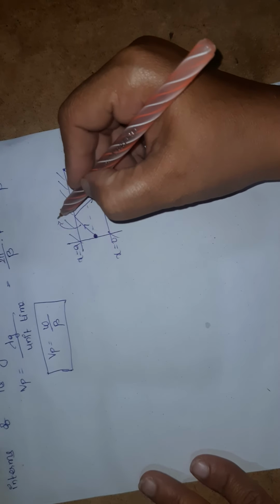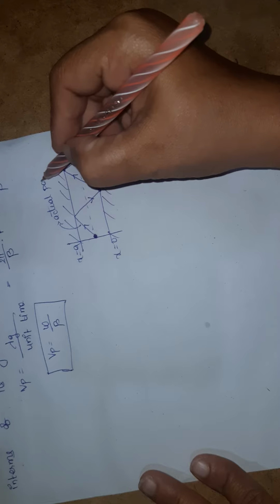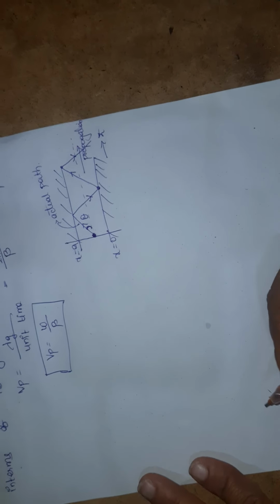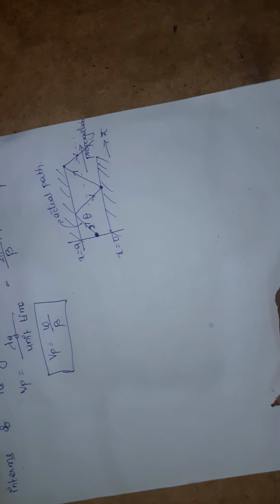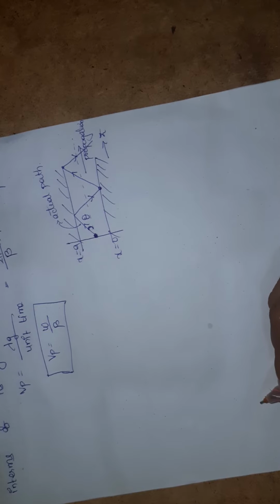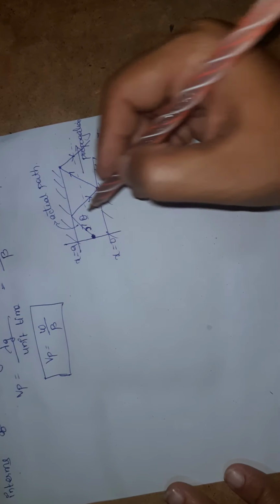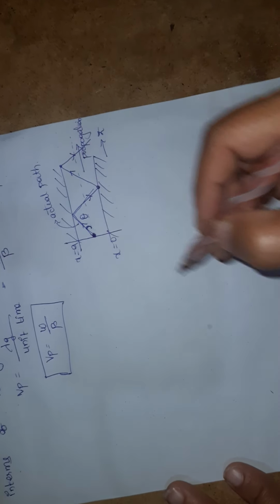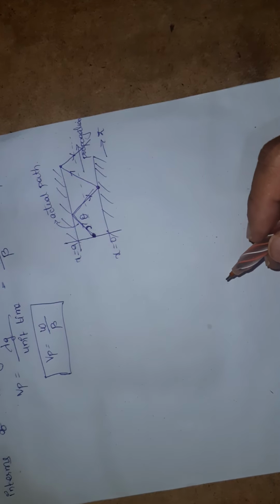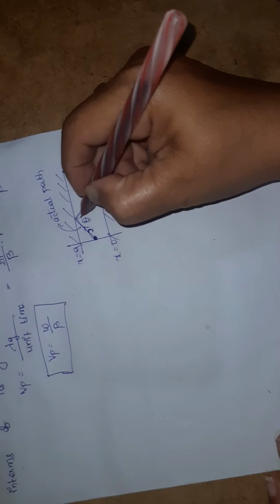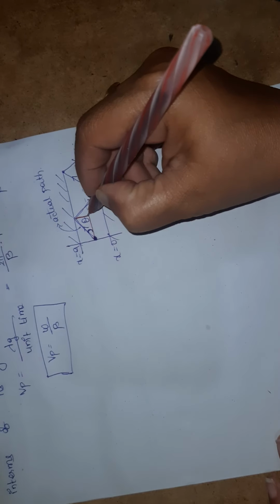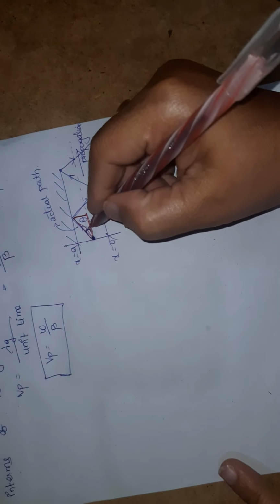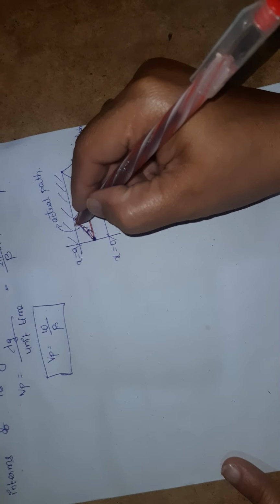Already we discussed that this is the actual path, and this is theta. What is theta? Theta is the wave angle or tilt angle. Here this is the actual path and this is the reflected path, and if I draw a perpendicular line here, it forms a triangle, and this is theta here, and this will also become theta.